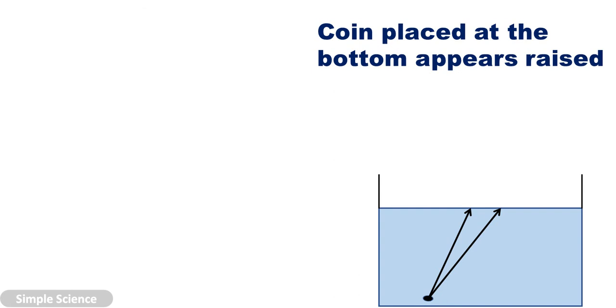So when you take two rays from the coin, when they pass from water to air, denser to rarer medium, they will bend away from the normal. But for an observer, because light travels in a straight path, it appears to be coming from this point. So that is why the coin appears to be raised.